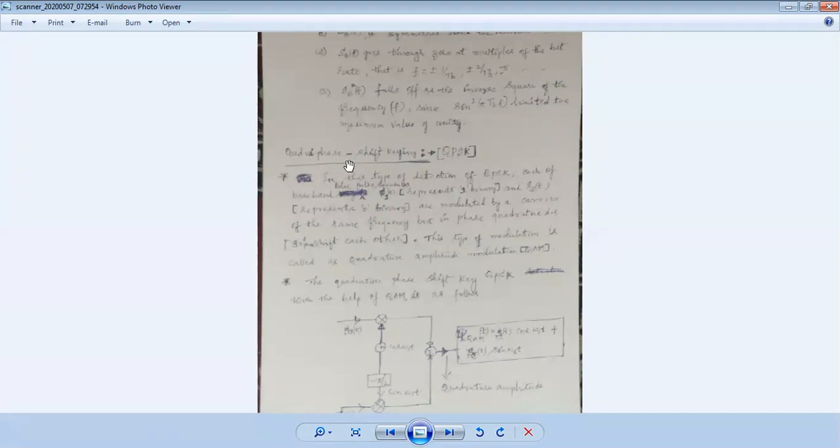In this scheme we use two signals of a carrier phase, one for representing one symbol and another for another symbol. For example, cos omega ct is used to represent 1, and minus cos omega ct is used for 0.